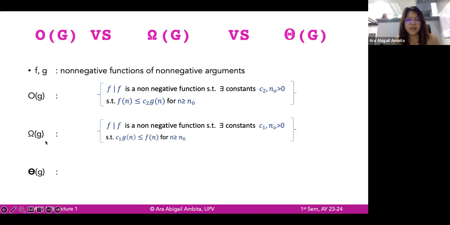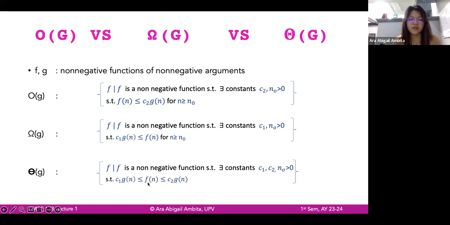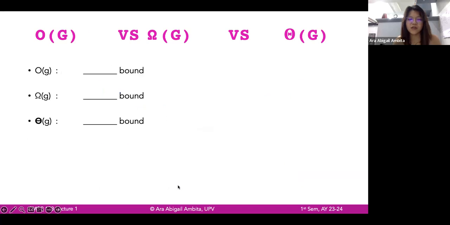But for the big omega, c1 times g of n will be less than or equal to f of n. So this g of n will act like a lower bound to your f of n. So the f of n's graph will always be above g of n after some input n, above or equal. But for the theta, f of n is being sandwiched in between c sub 1 times g of n and c sub 2 times g of n.